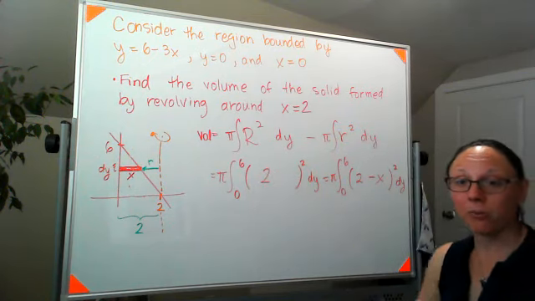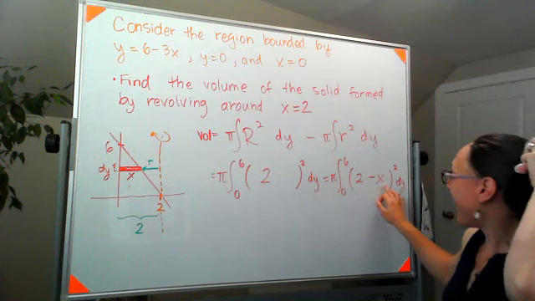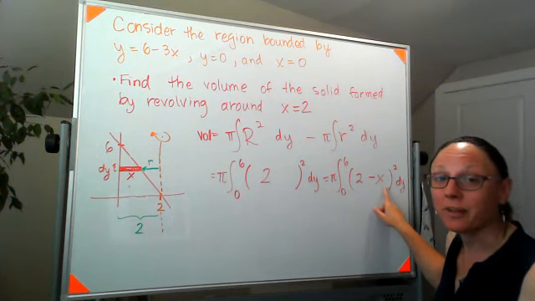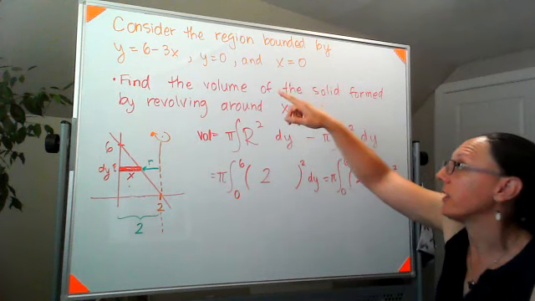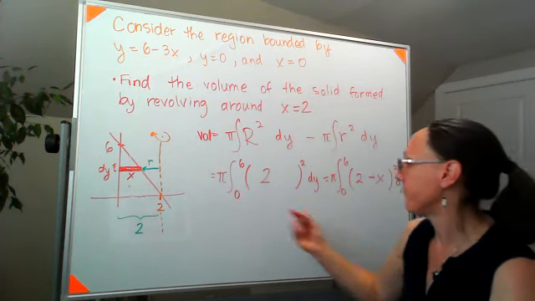I'm going to have the same problem this time that I did on the previous question, which is I can't integrate something with x's with respect to y. So I'm going to have to go back to the original equation and rearrange it to say x equals.